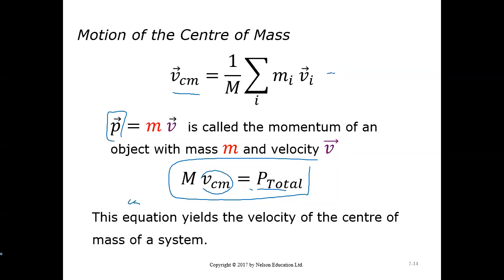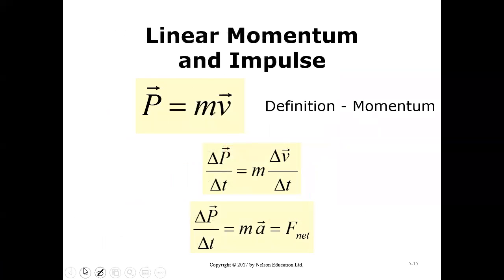So when we have many masses with different momentum, then the total momentum is equal to the total mass multiplied by the velocity of the center of mass. Okay, now, this is after we defined the velocity of the center of mass.